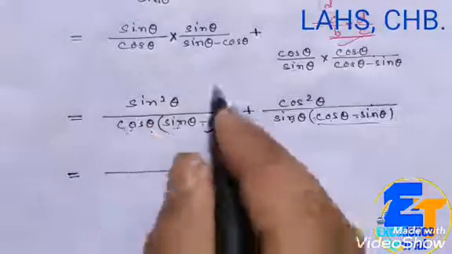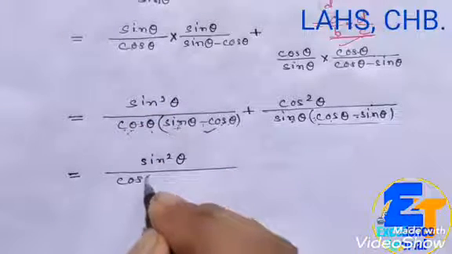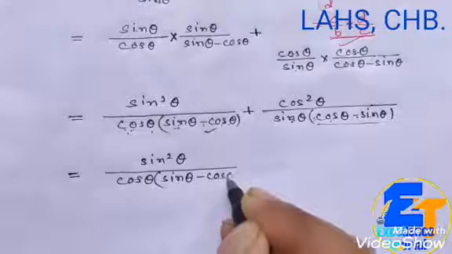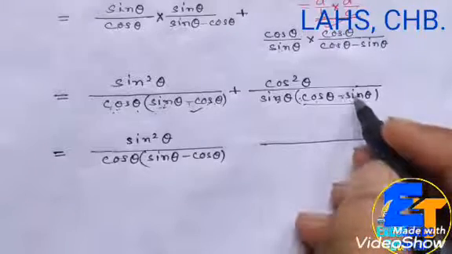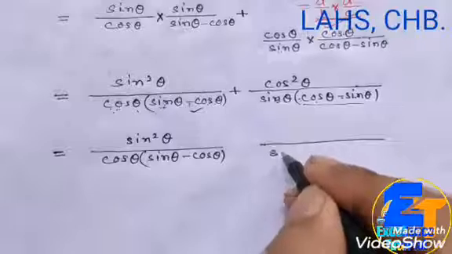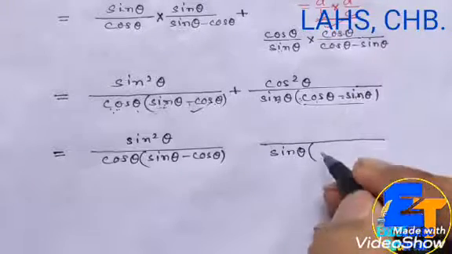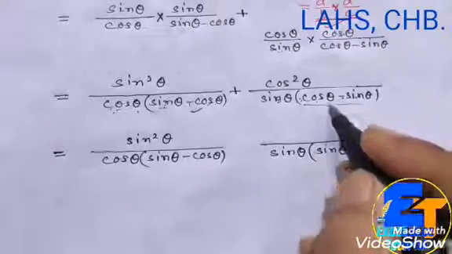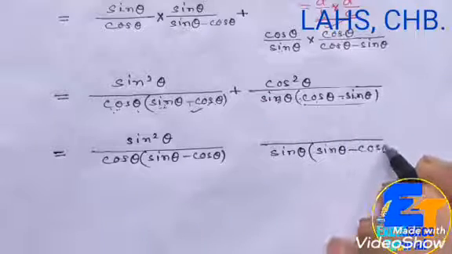We are going to write this term as it is: sin square theta by cos theta into sin theta minus cos theta. But see, here we are going to make sin positive in this way. Write as it is: sin theta, make it positive, see, it becomes positive. Cos theta should be negative, make it negative, minus cos theta.